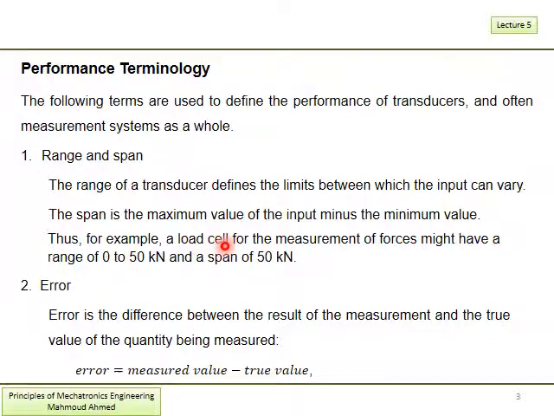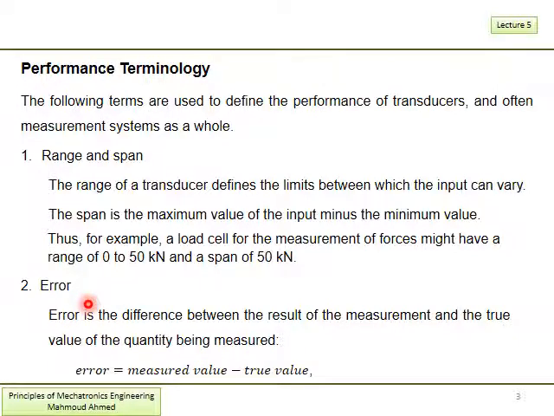In case of measuring a force, we use a load cell. So the range can be expressed from 0 to 50 kilonewton, and the span in this case is the maximum minus the minimum and is equal to 50 kilonewton.